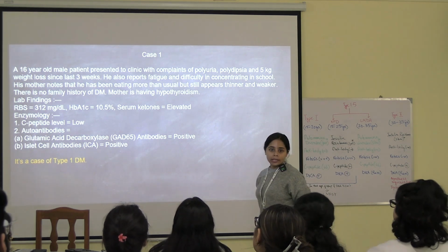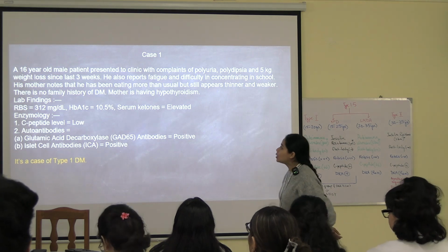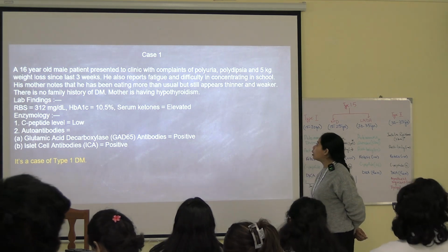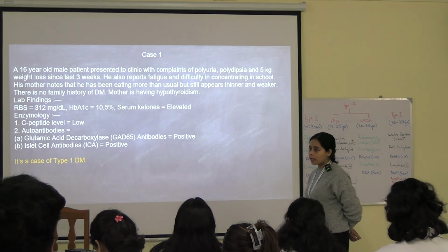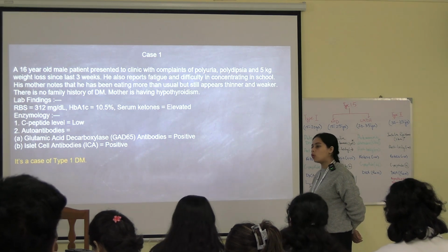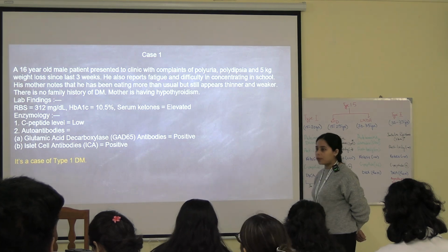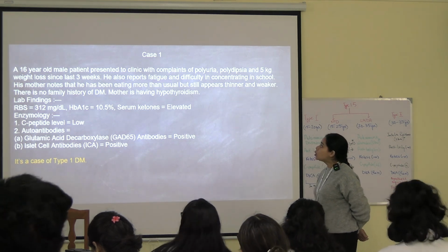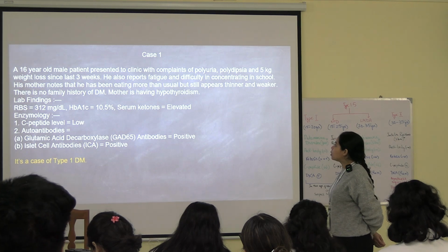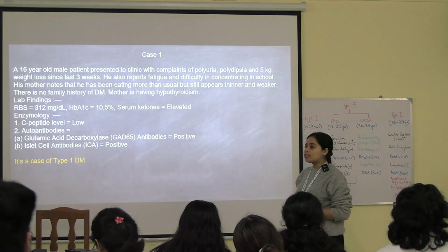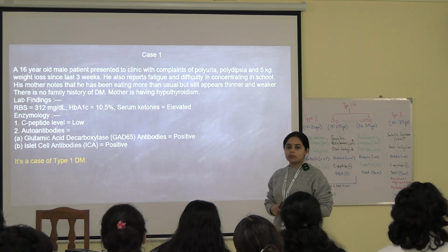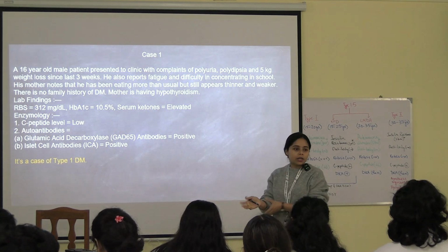So first you note down the age, 16 years. Then we see that he has complaints of polyuria, polyphagia, and weight loss, but his mother said that he is eating more. He is also having difficulty in concentrating in school. Why do we get more hungry when we study?